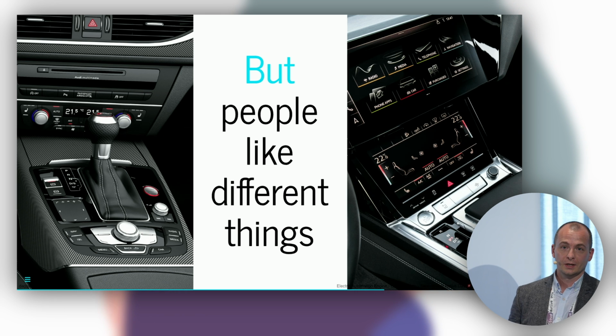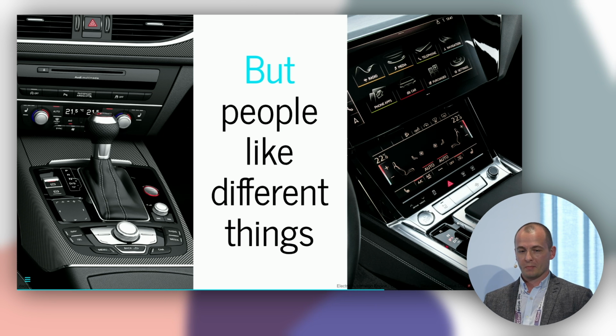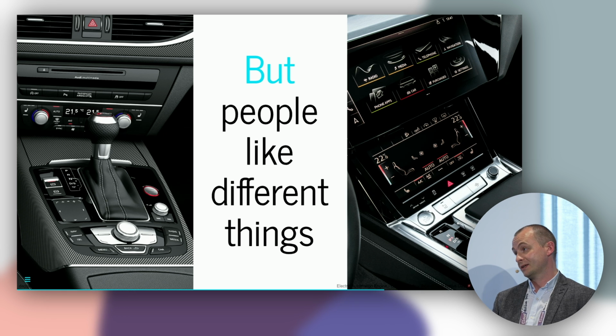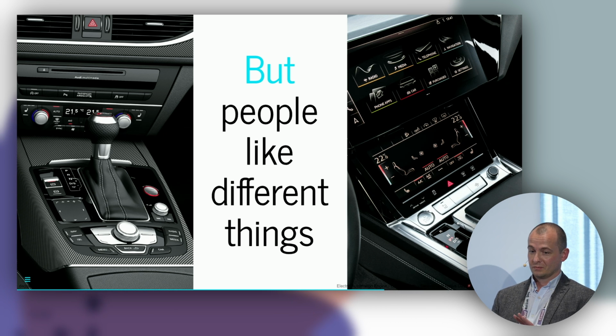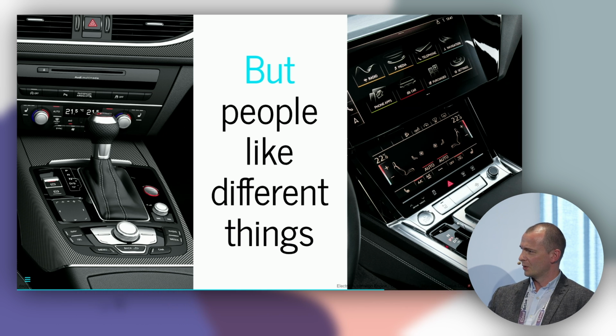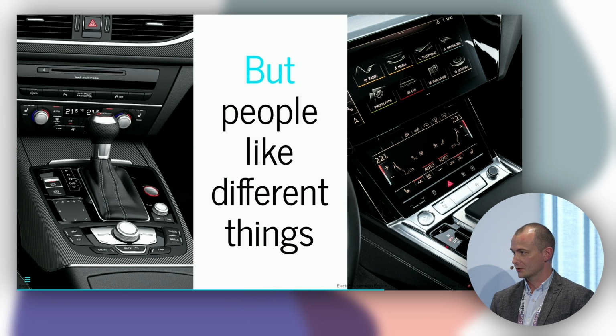All right. The truth is that people like different things. In my case, I prefer the buttons on the left-hand side. My son, he prefers the buttons on the right-hand side. Same car, different generations. One, you can feel them. You know when the heating goes up, you know when the heating goes down. You don't have to look basically to make any changes.